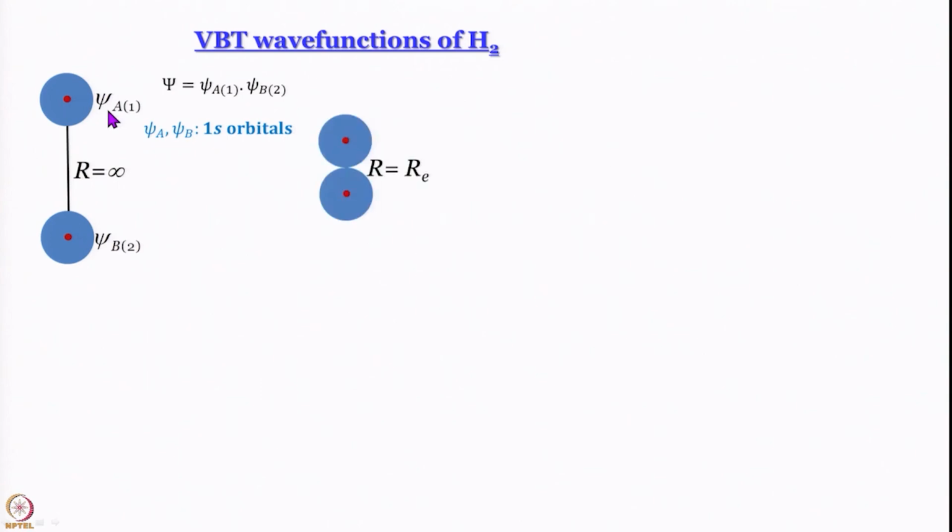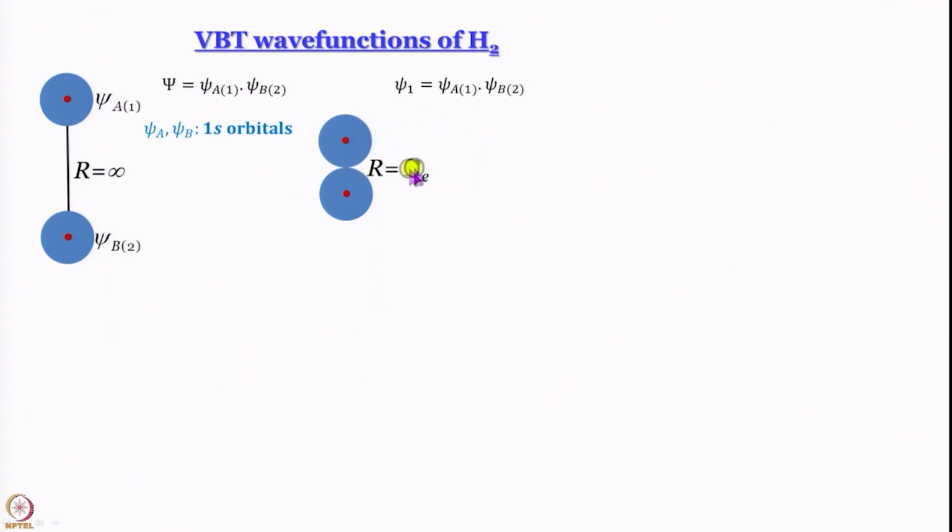Now, what happens when they come close together? Let us say when the internuclear separation is close to the equilibrium bond length. It does not even have to be exactly equal to the equilibrium bond length, just close enough so that this electron experiences that nucleus and the other way around. Then it is not sufficient to write the wave function as psi A1 psi B2, that is only one of the components of the wave function, we write it as psi 1.